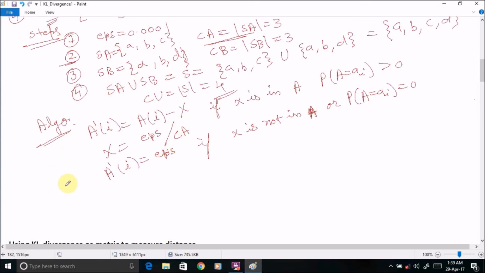So in this case our probability distribution A can be represented with minus x.